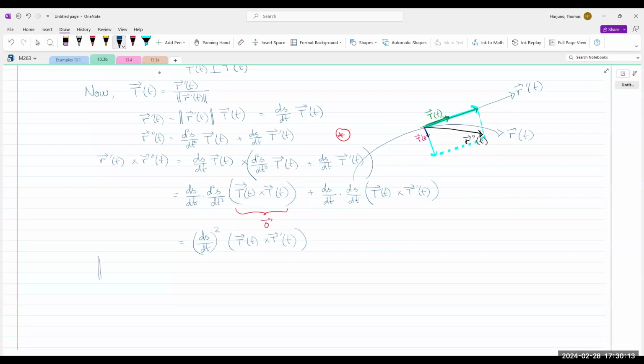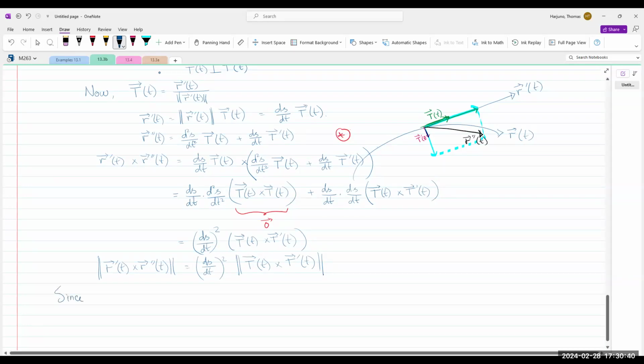If I do the magnitude here, then I will get (ds/dt) squared times the magnitude of the unit tangent vector cross the derivative of the unit tangent vector at time t.